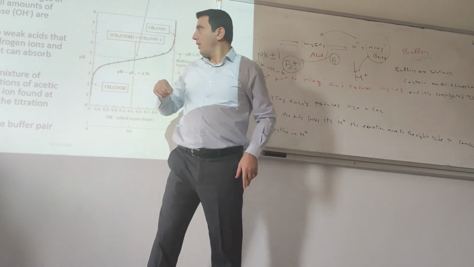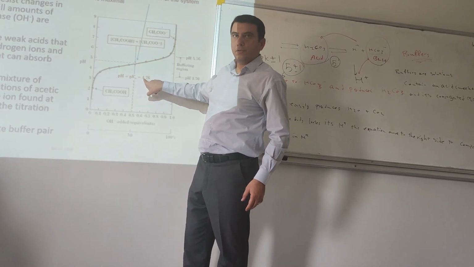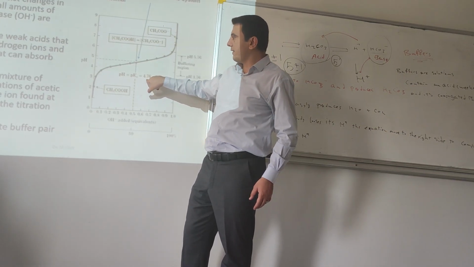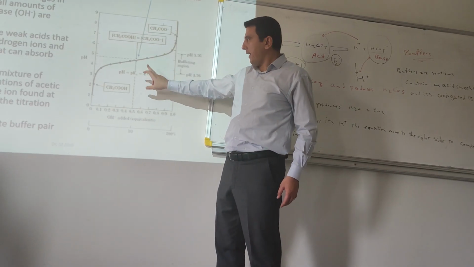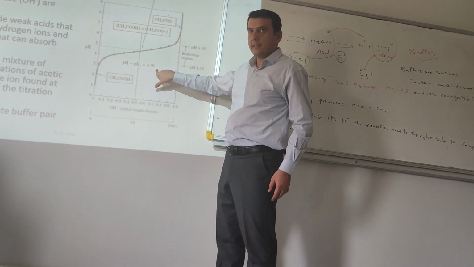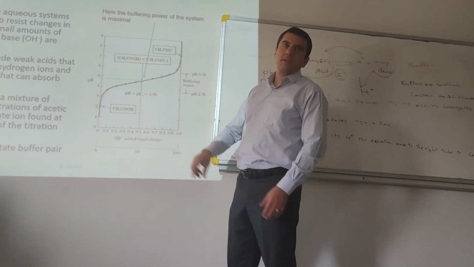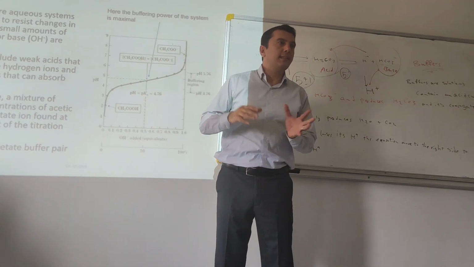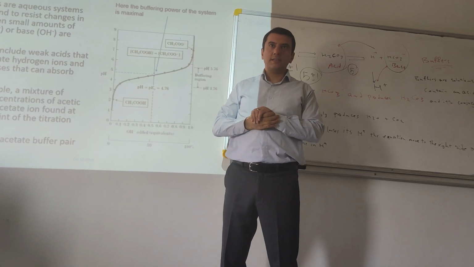For example, in this buffer, pK is equal to 4.76. So the buffering region is about 3.76 to 5.76, and that is the buffering region for this buffer. You understand?